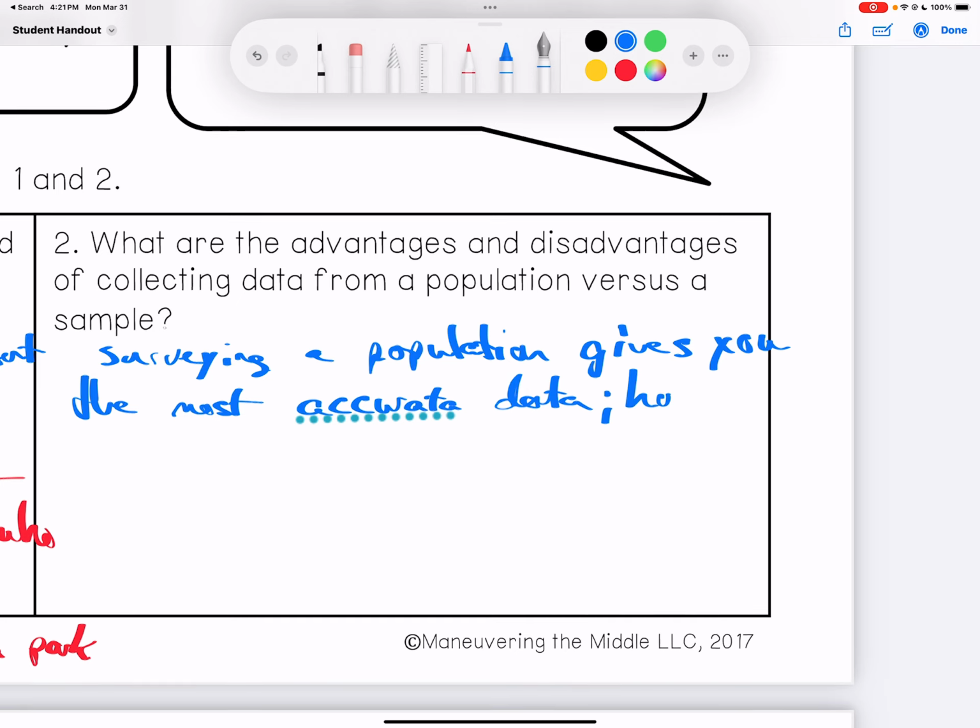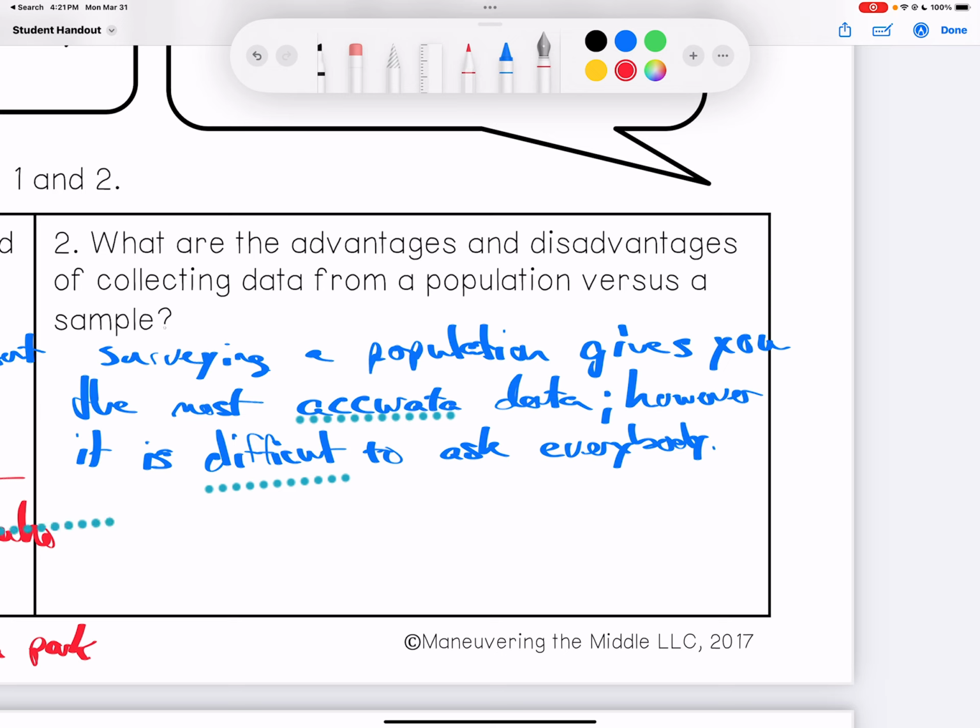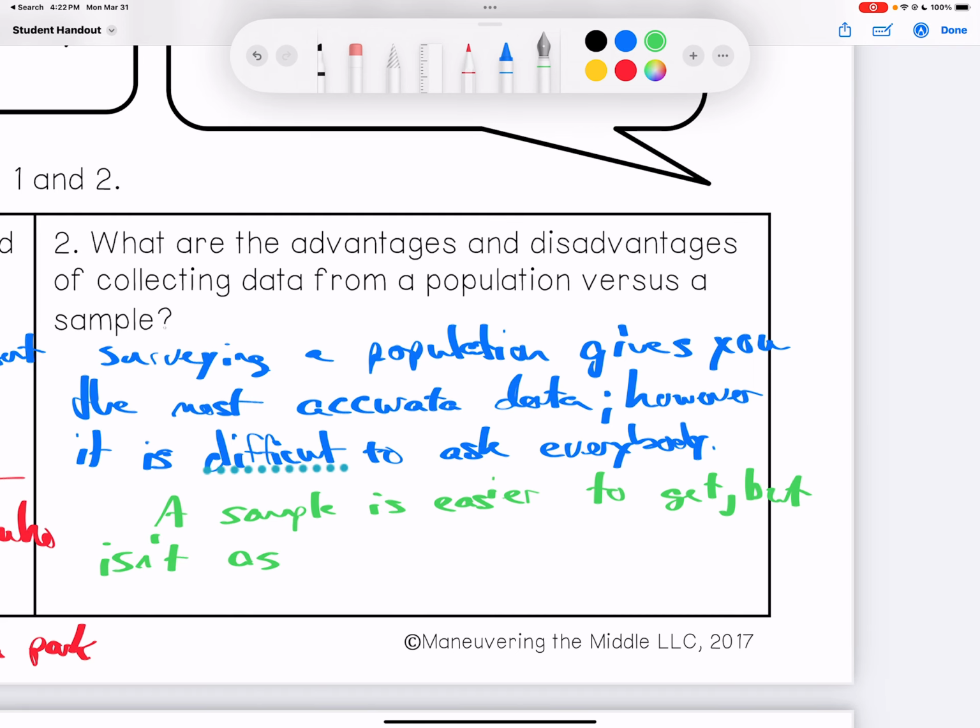However, it is difficult to ask everybody. Okay? So although that's best, it's just hard to ask everybody. It's hard to get everybody in one place or find a way to get everybody's answers. The other way, a sample, is easier to get, but isn't as accurate.